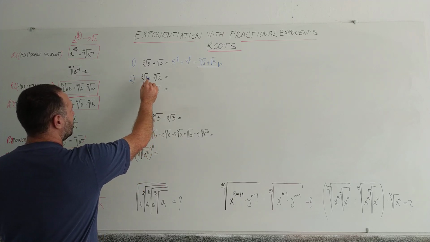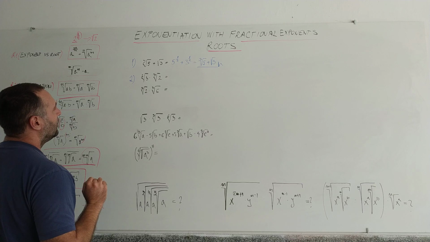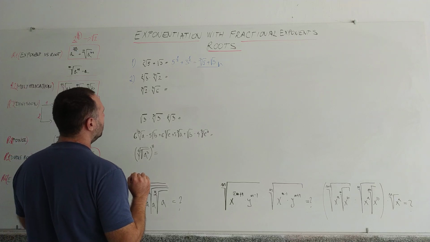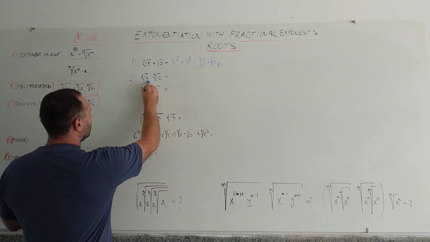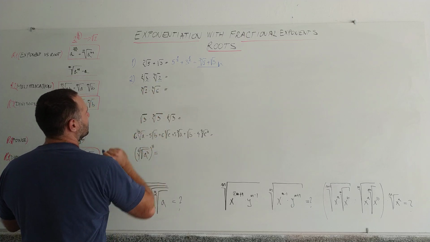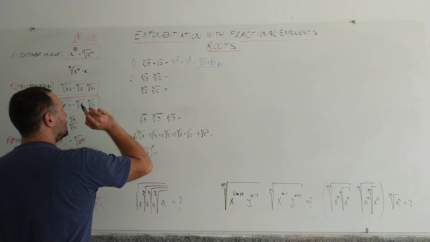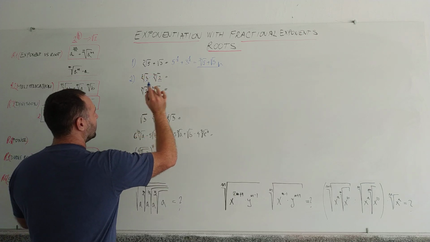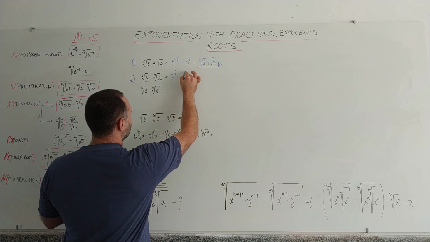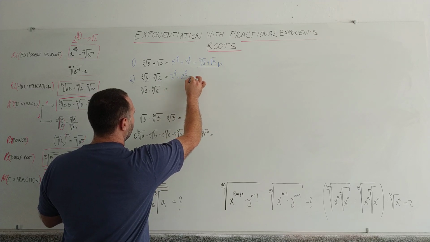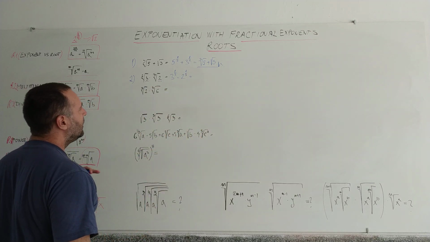Okay, let's do the second example. Second root from 3 multiplied by third root from 2. Here base is 3, base is 2, exponent is 1/2, exponent is 1/3. 3 on half multiplied by 2 on 1/3. Okay, what can we do here?